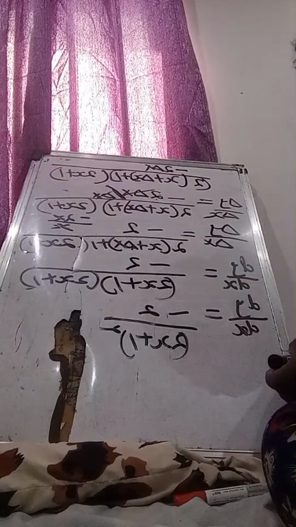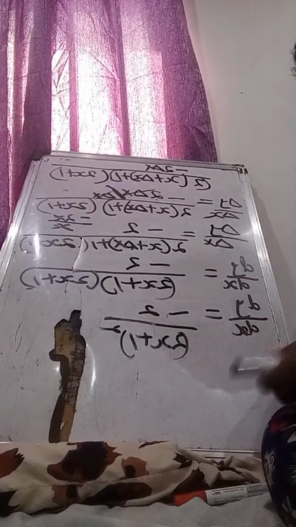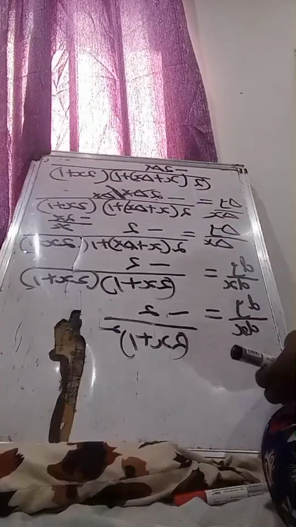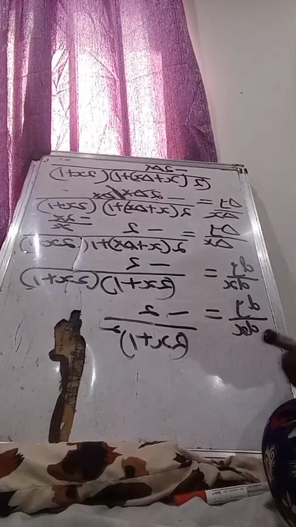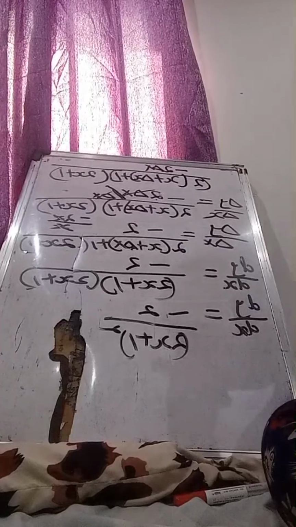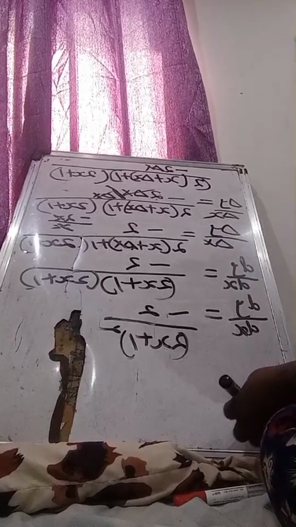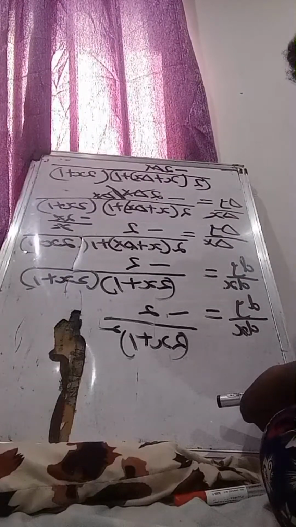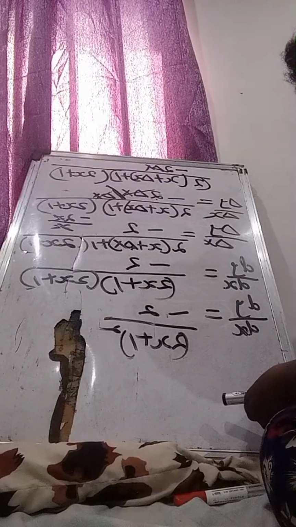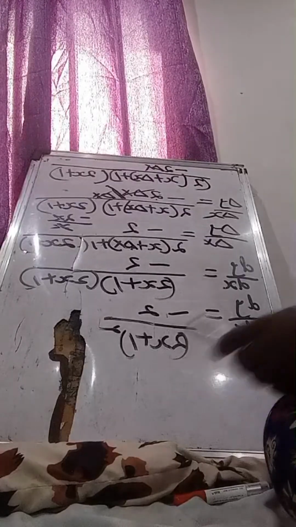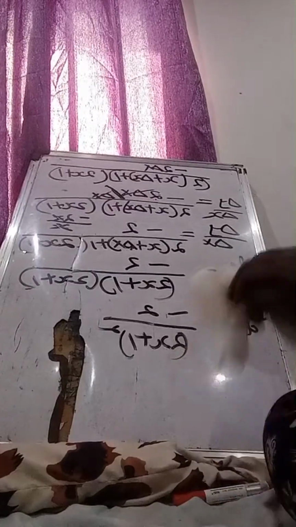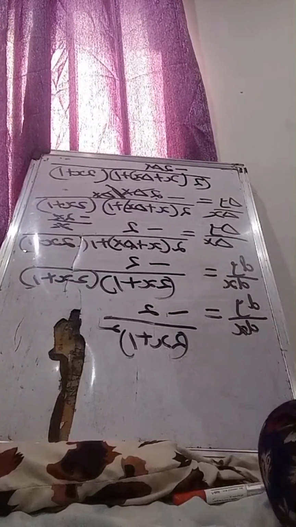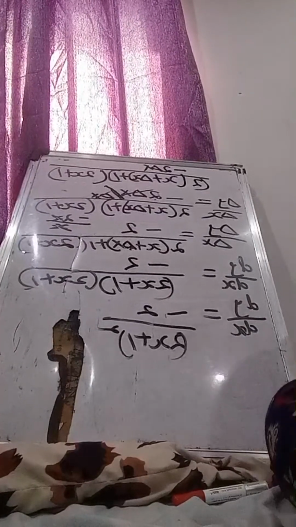You can only cancel the same letter. B cannot cancel A and A cannot cancel B. Did I answer your question? Yes, thank you. I hope that's the only question. So please write down. Let's go ahead to the next question.